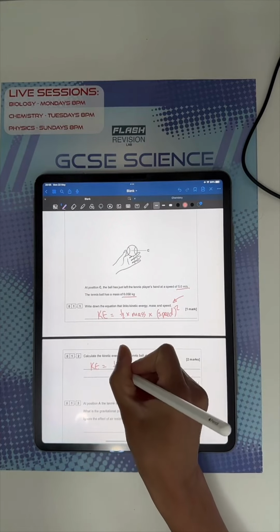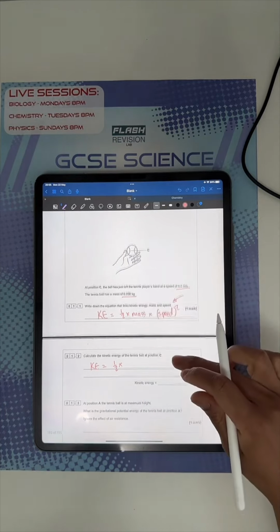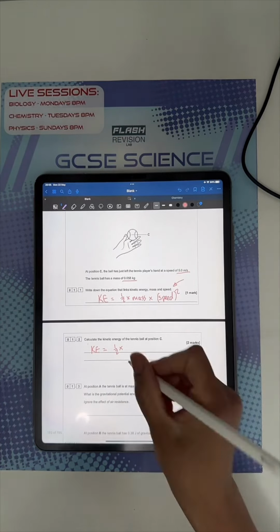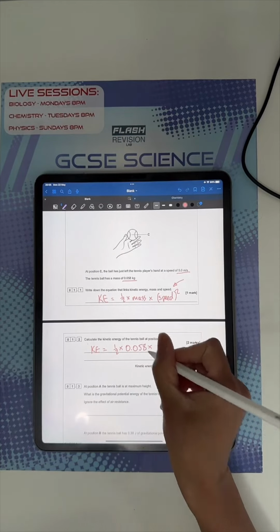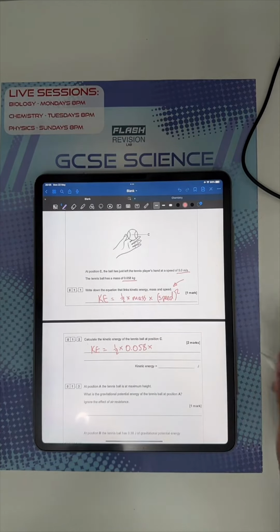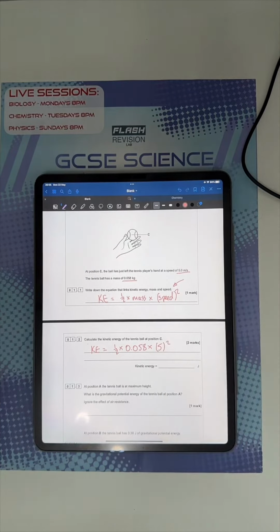KE is equal to half times the mass, which is 0.058 kilograms, times by the speed squared, 5 squared, which is basically 25. Anyone got a calculator? Can you work that out? Tell me what you get if you guys have a calculator.